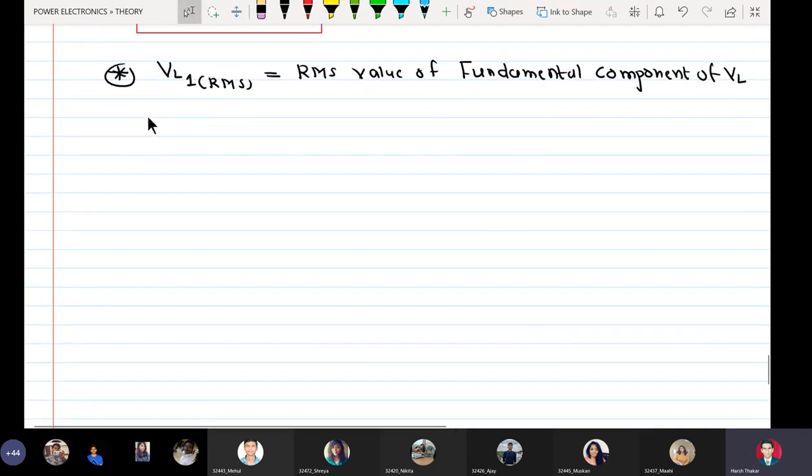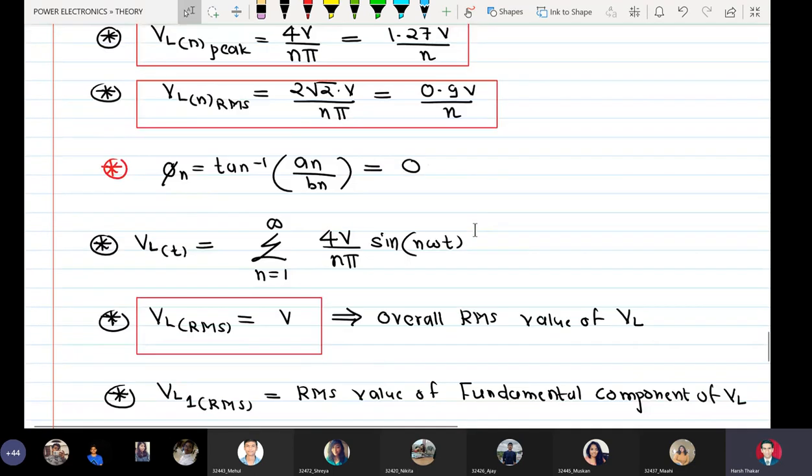And what is VL1 RMS equal to? It's very simple. VL1 RMS, students, is equal to VLN RMS for n equal to 1. What is VLN RMS?